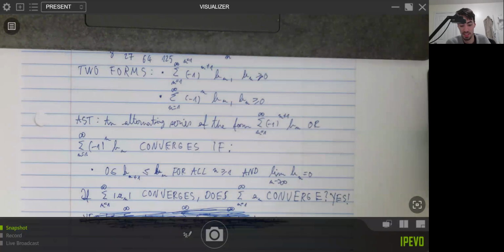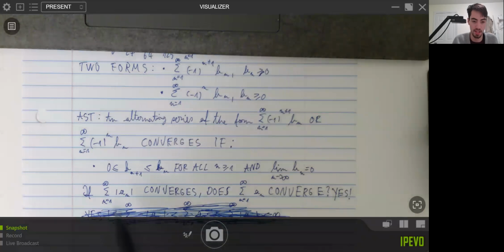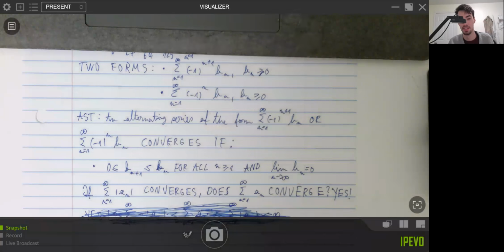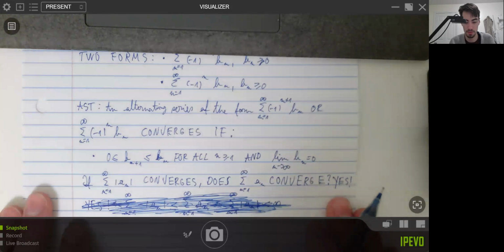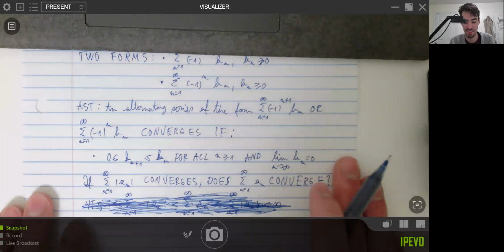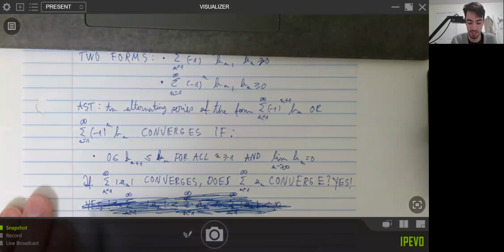A very basic theorem says that if the sum of the absolute values converges, so does the sum of the an's. So again, if the sum from n equals 1 to infinity of the absolute value of an converges, so does the sum from n equals 1 to infinity of an. And here you could see a failed attempt of me trying to prove this. I fake proved this.